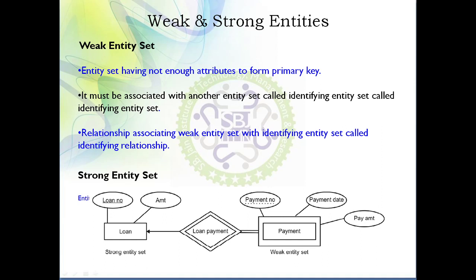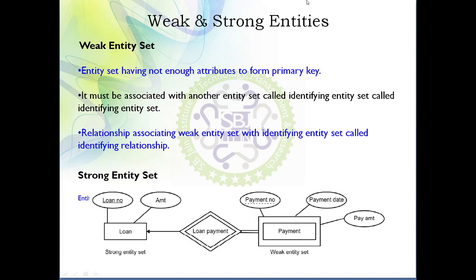But what about the payment number? Do I have different payment numbers? No, suppose the payment number is 11. Okay, so how can you represent this? Home loan 101 and payment number is 11. Car loan is represented by 102 and its payment number is again 11.